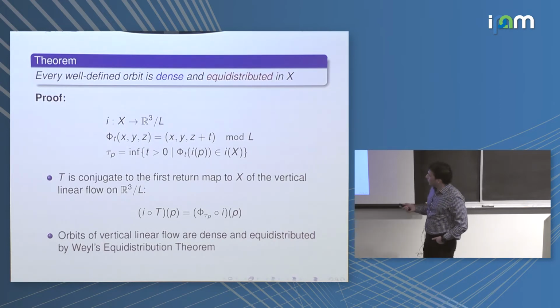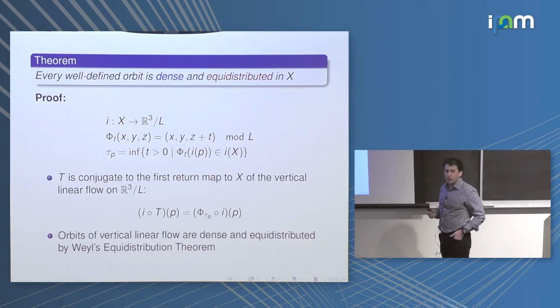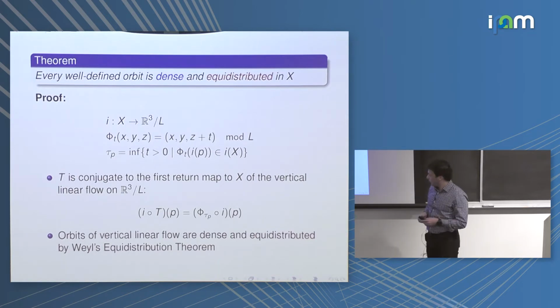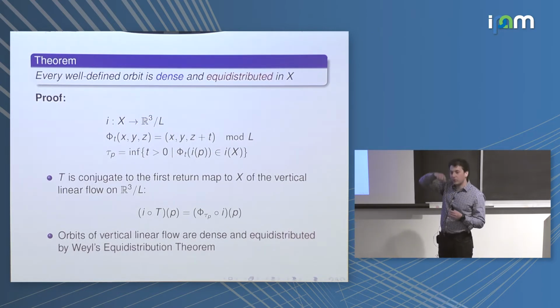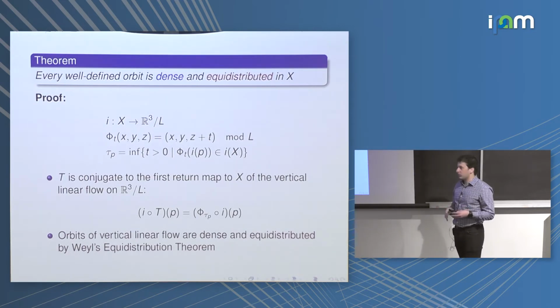So we're going to imagine our domain X as sitting in the torus R^3 mod L. And I here is just the inclusion map from X into R^3 mod L. Then phi t is going to be the flow in the z coordinate, so it will just be (x, y, z + t) mod L. And tau p is the first time when the flow returns to the domain X, which we're thinking of as sitting in our torus.